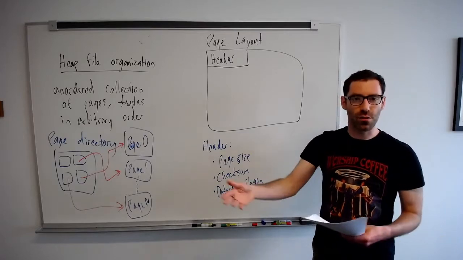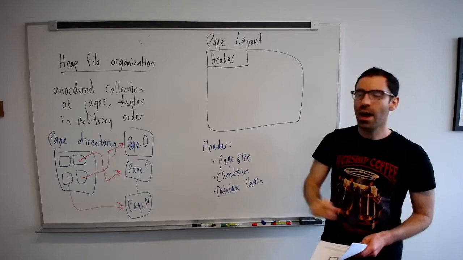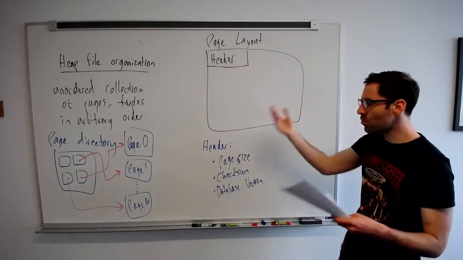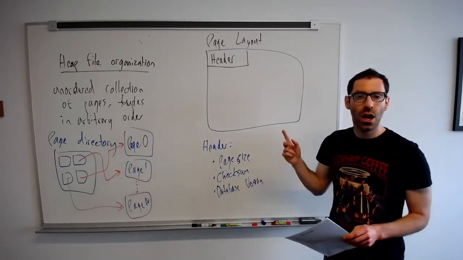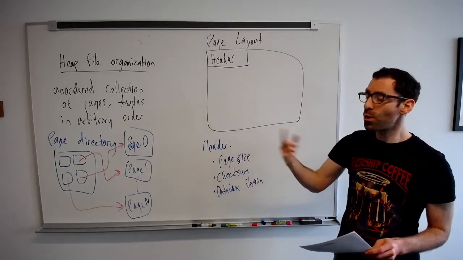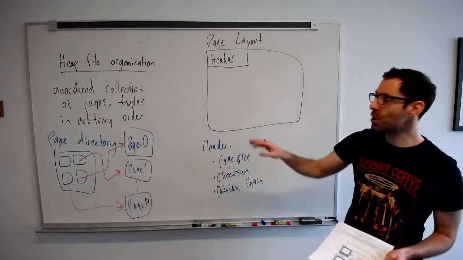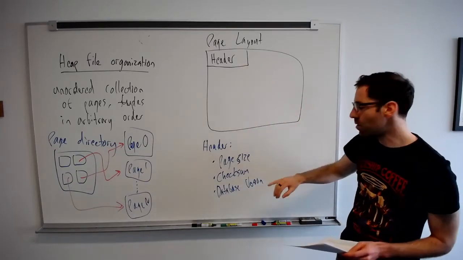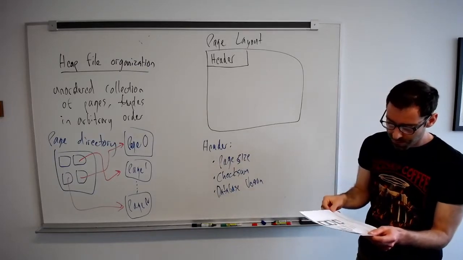As different versions of the database system come out, they may change what's in the header, or how things are structured, or other implementation details. So when you're looking at a page, you probably need to know which version of the database software created this page, because that's going to influence how you need to interpret the bytes that are stored there. And so you'd have branching code to handle the different versions.